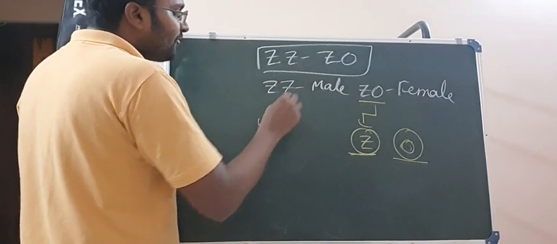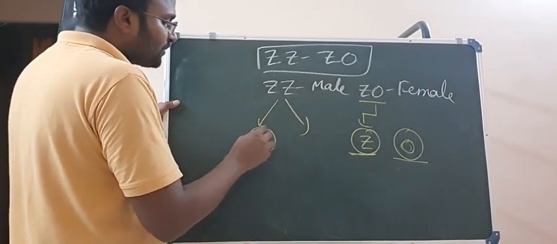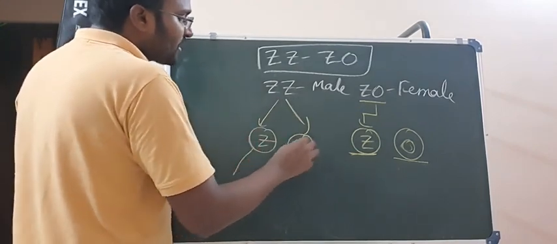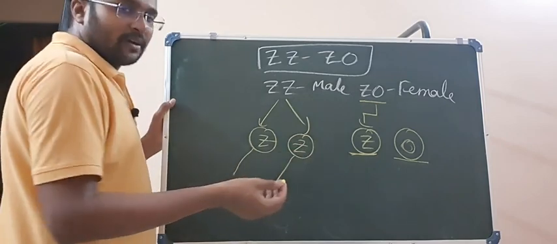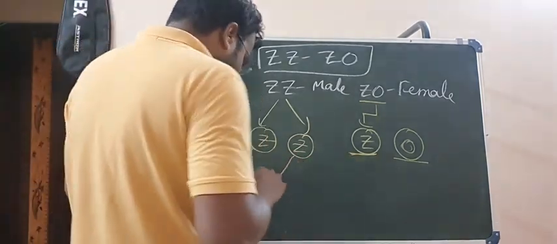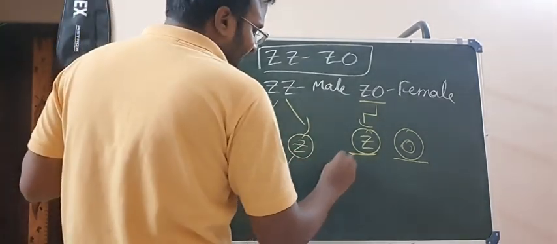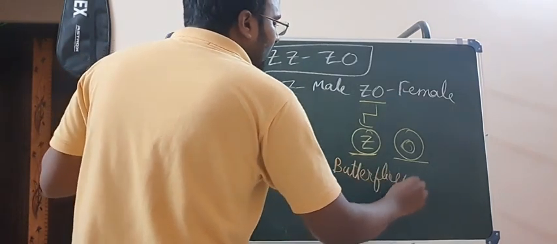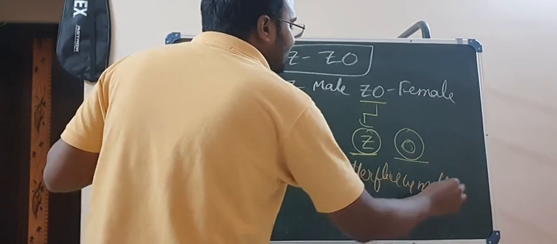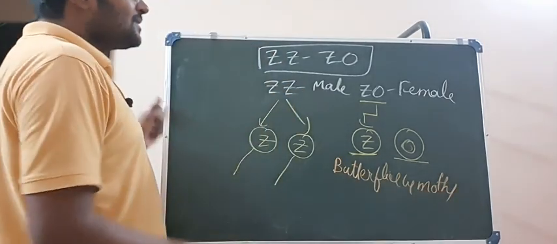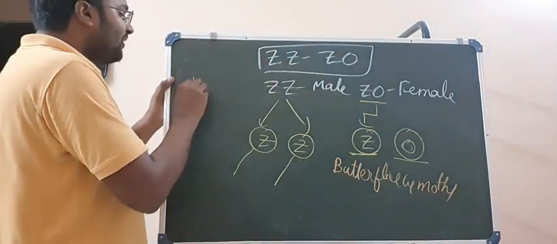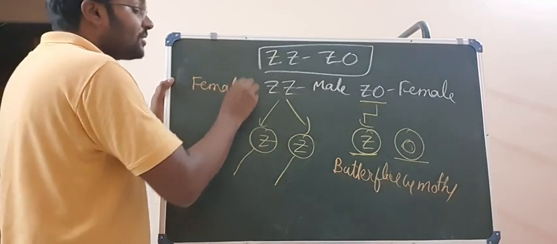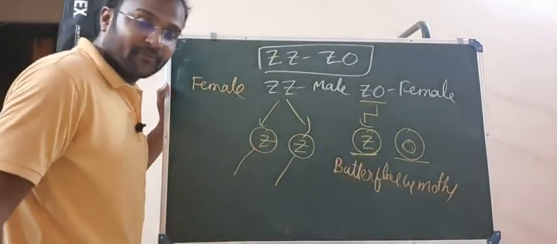So ZZ, if you take sperms, only one type of sperms can be there. Butterflies and moths are the examples here. So this is also known as female heterogamety, because two types of egg cells are getting formed.